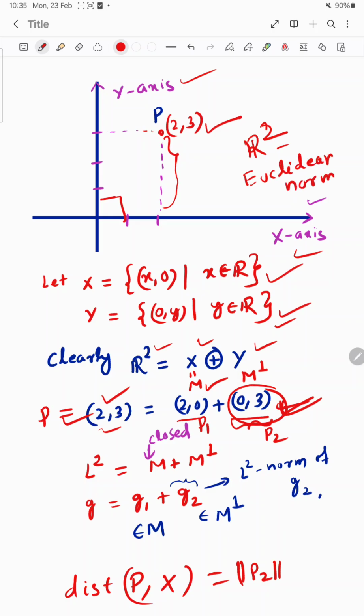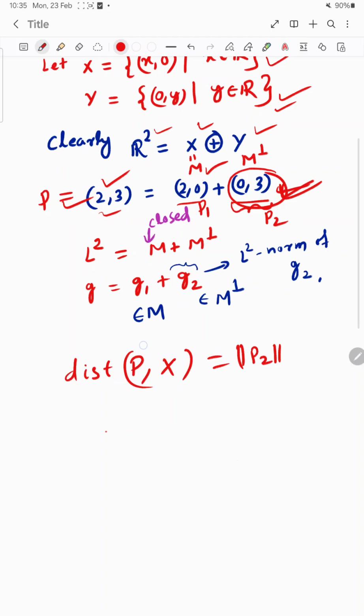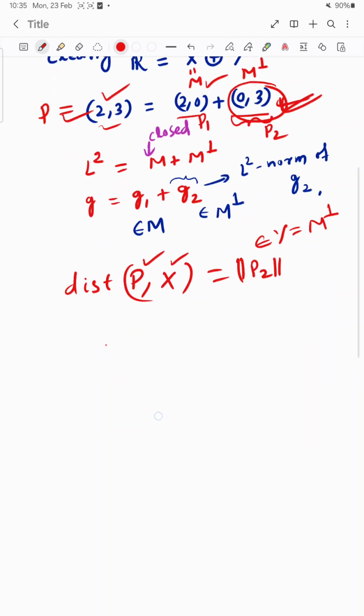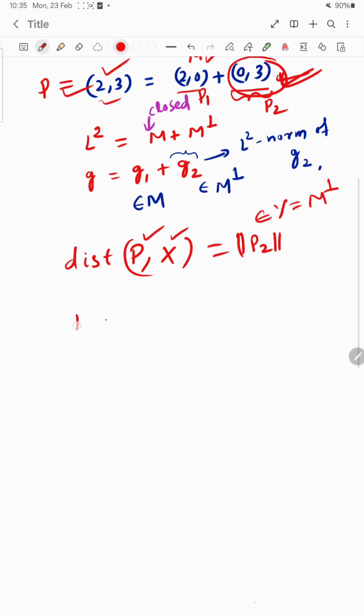And I am saying that the distance of the point P to this set X is nothing but the norm of the element which belongs to the set Y, which is equal to M perp. Okay, so we will use this analogy to solve our problem. In our question, the whole space L2 is given, and there is a set M given.